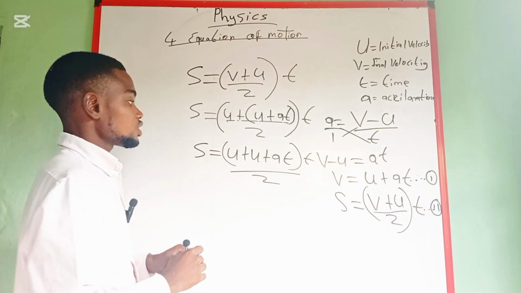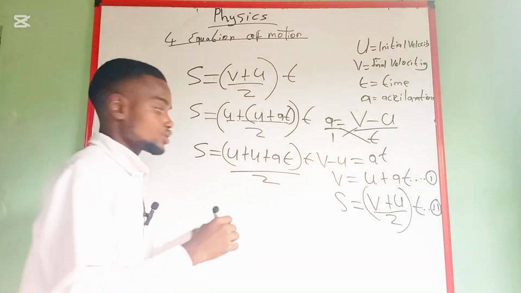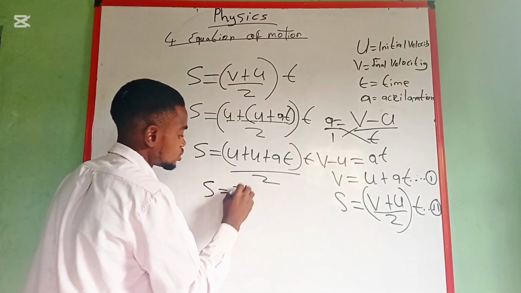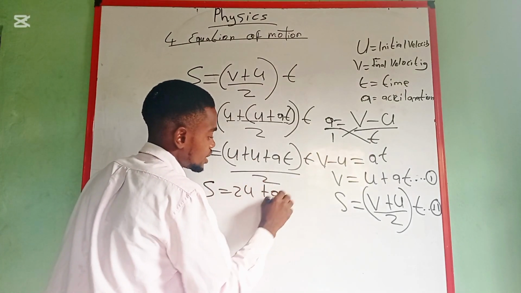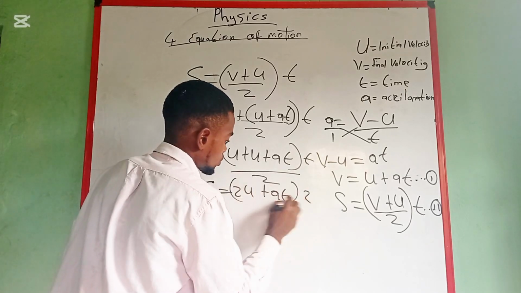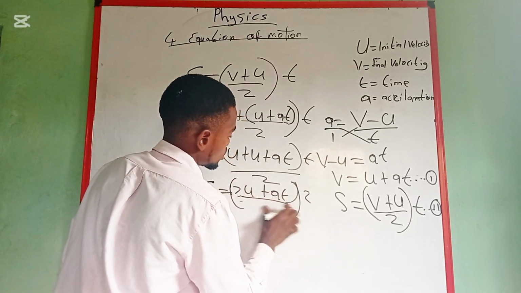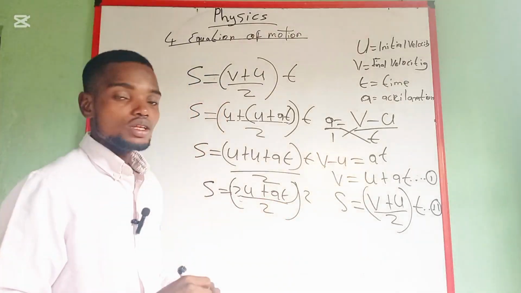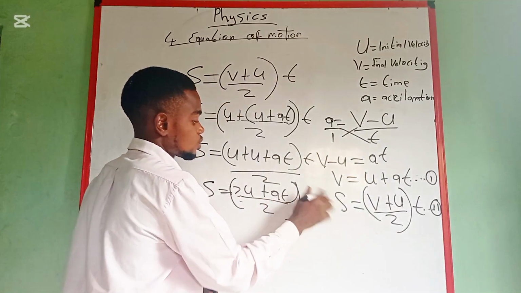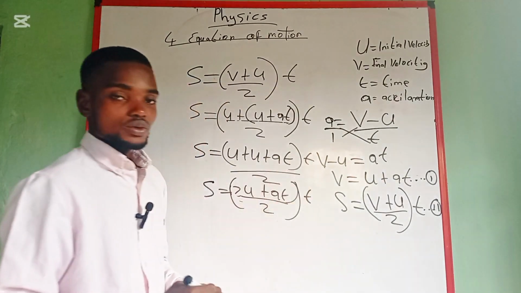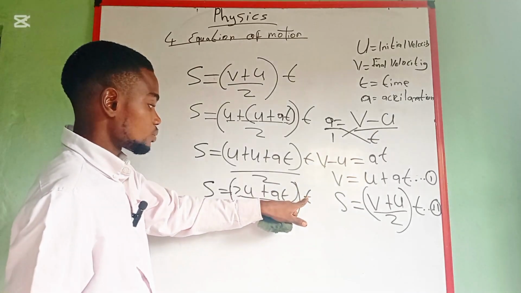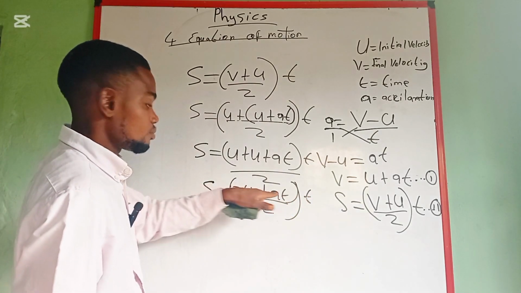All right. Now, what's going to happen? u plus u is going to give us s is equal to what? 2u plus at, over 2. So we continue. What we have here is t. Now, this t here is going to multiply what is inside this bracket.